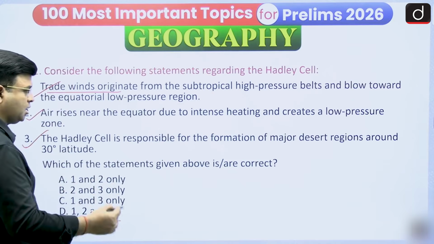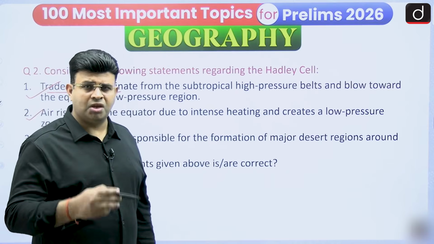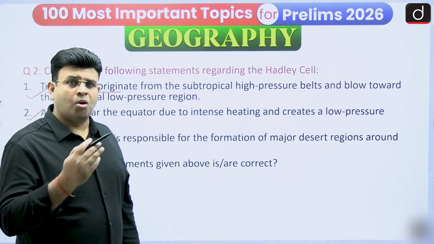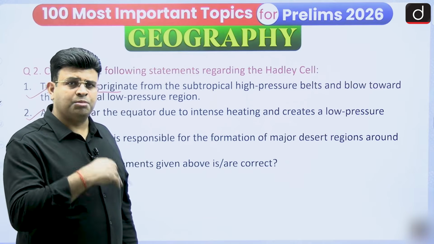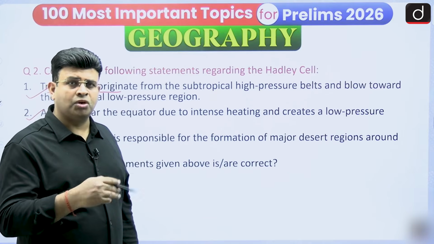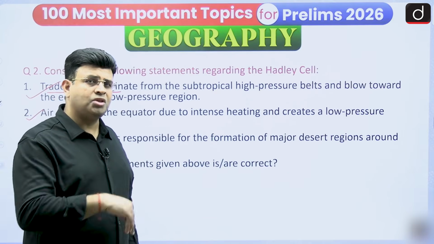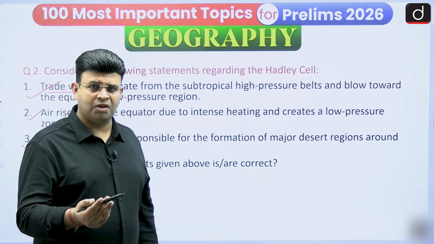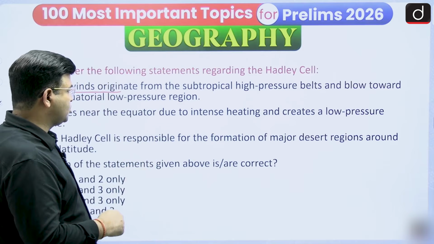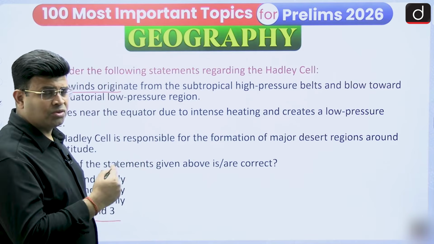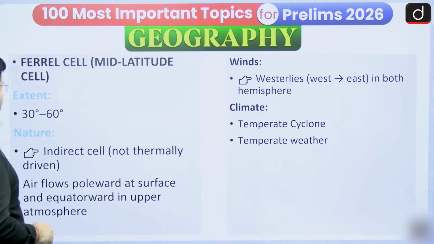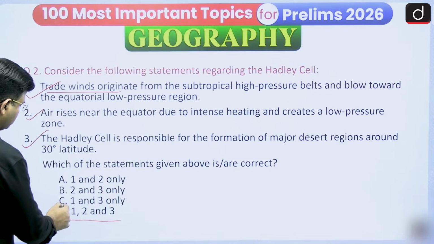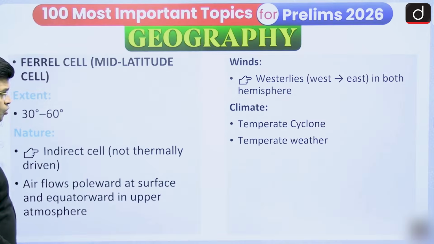Again I am saying that for each and every question, the answer is already explained in the 9th episode. If you have any problem, please go back and see the explanation that I have given, and then you will see why these answers are correct. So here, option D is correct: 1, 2 and 3.